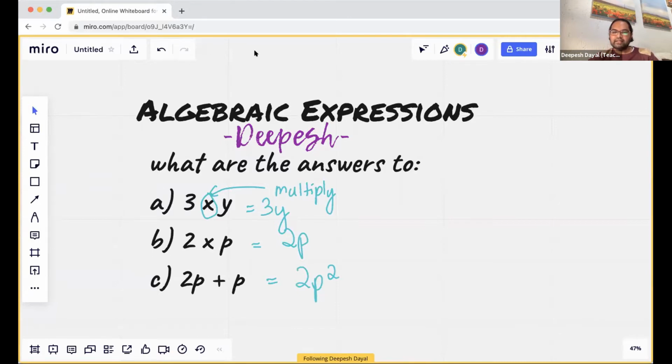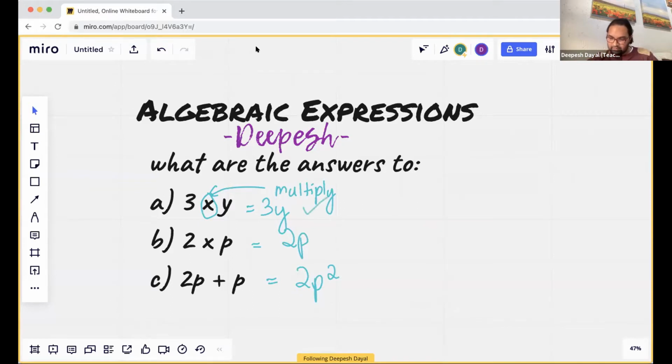Let's have a look in the chat. I've got another one, 2p squared. Who else has a different answer? Remember, I just wrote this down. It doesn't mean that it's correct or incorrect.